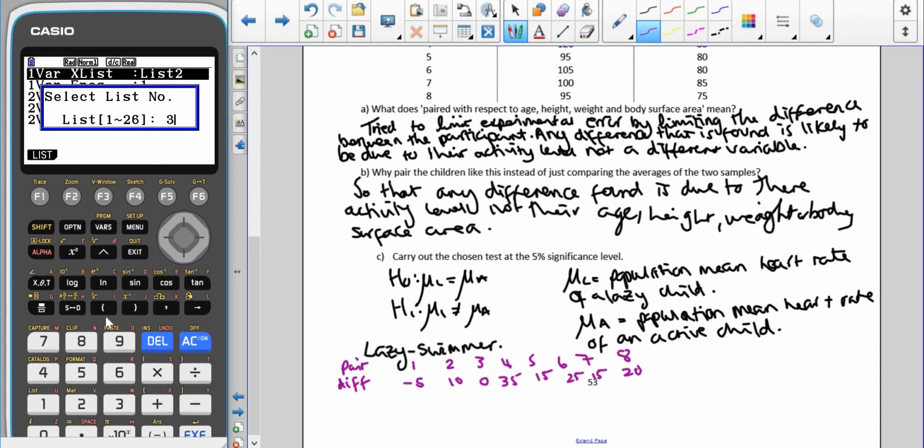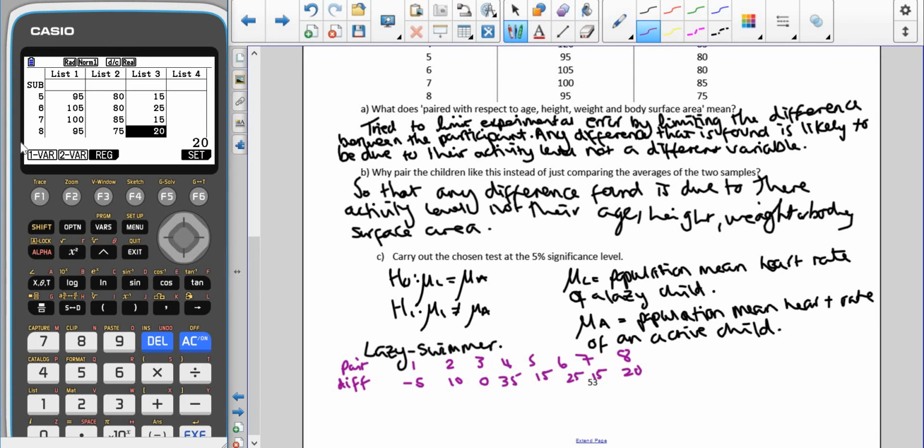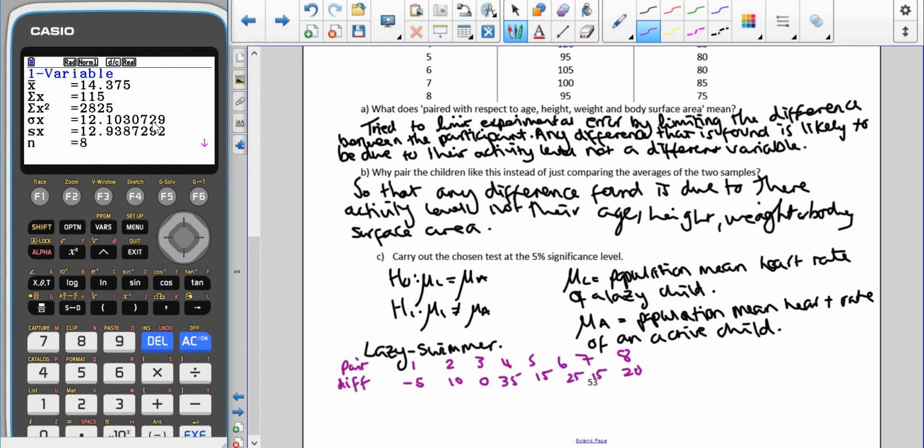So you have to click F1 to get the list option up, then click 3 and then exit, and it should then say list 3. We don't have any frequencies, so we want that second option there to just say 1 as it does there. And then when I go into 1 var, this is the information that I need to write down.